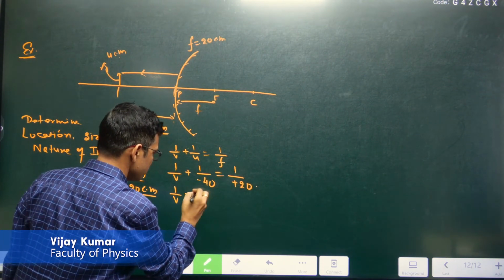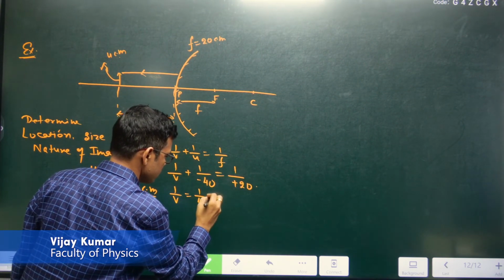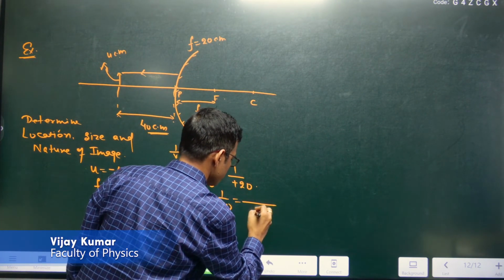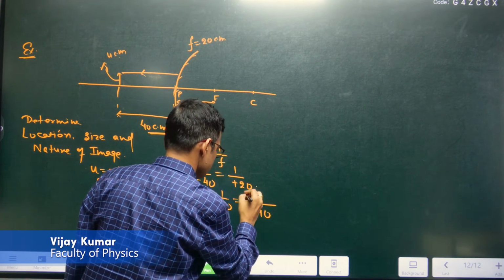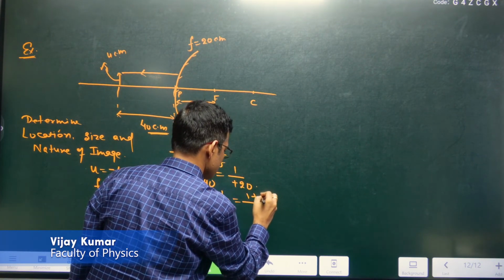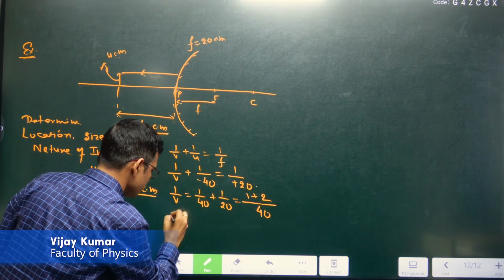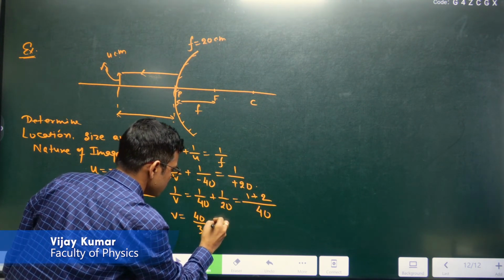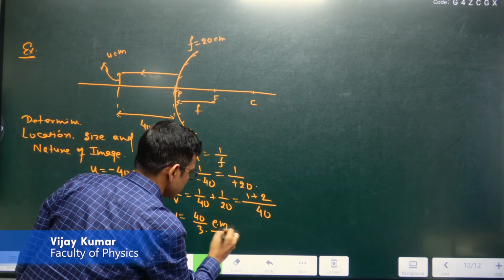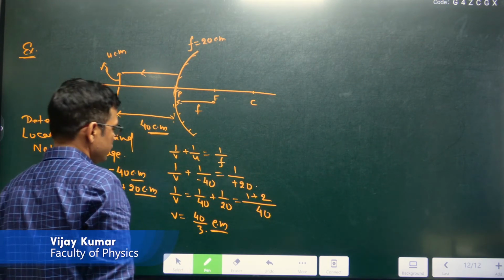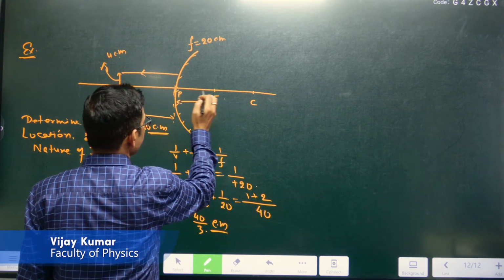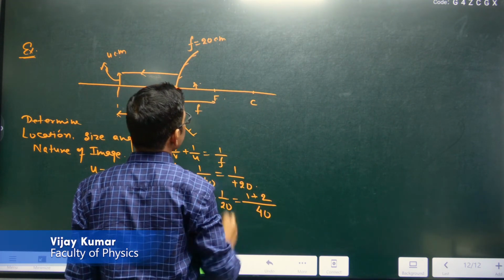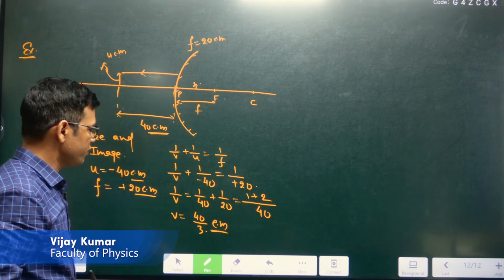So 1 by v is equal to 1 by 40 plus 1 by 20, which is 1 plus 2 over 40. So v is equal to 40 by 3 centimeter. It means the image will be formed between P and F.